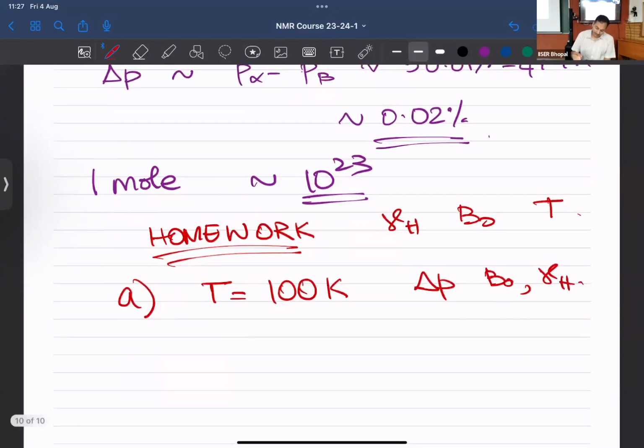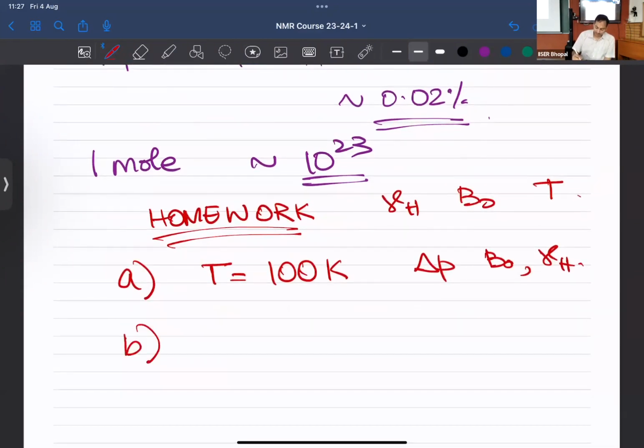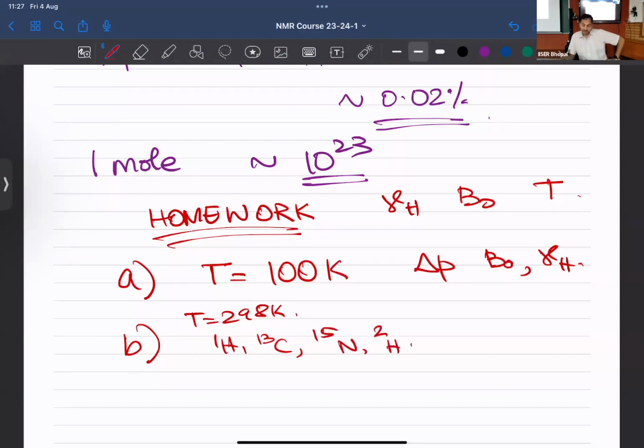The next aspect I want you guys to work out is to keep the temperature at 298 Kelvin and compare proton, carbon, nitrogen, and deuterium as well. Check what the delta P will be given the B naught of 9.4 Tesla at 298 Kelvin.